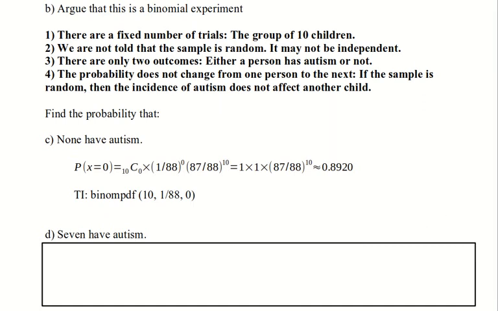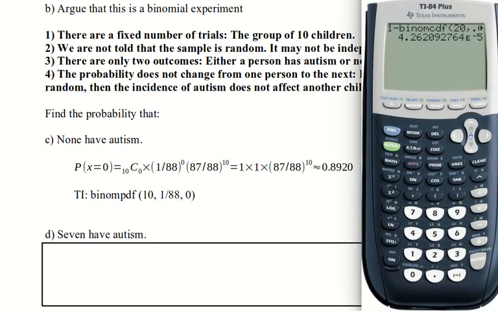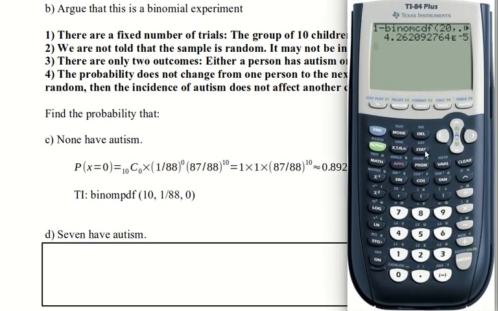Let's take a look at this on our calculator. So we're going to get a cumulative binomial probability distribution. So I'm going to go into the distribution menu and get a probability distribution function. I'm going to put in that n is 10, that the probability is 1/88.